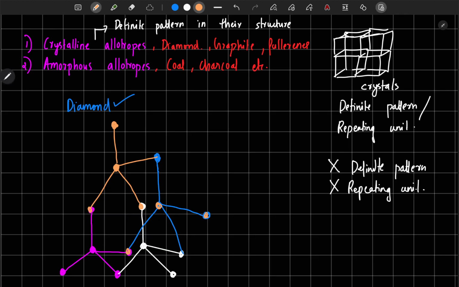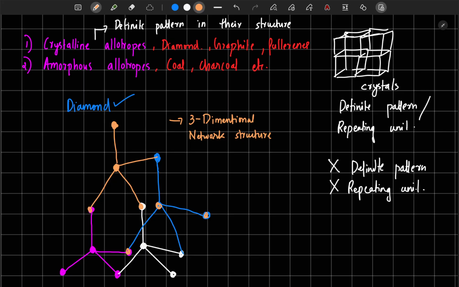So diamond has a three-dimensional network structure. That means we need to draw this diamond in a 3D way, taking x-axis, y-axis and z-axis to draw the structure.